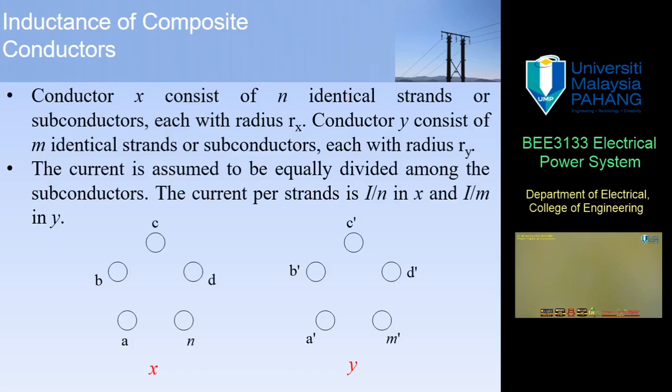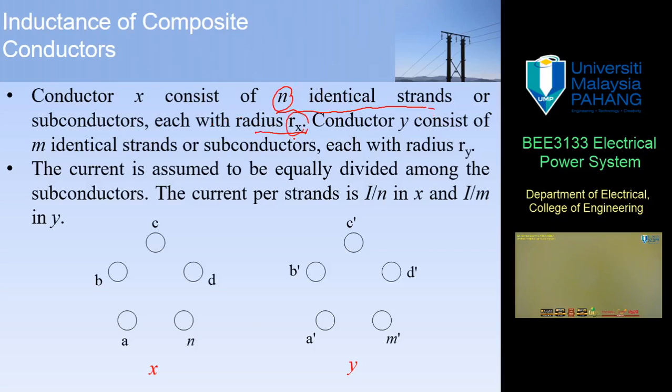Conductor X has another condition: it consists of n identical strands, or subconductors. So each conductor has strands, meaning there are a lot of subconductors within it. Each of the n identical strands has radius rx.